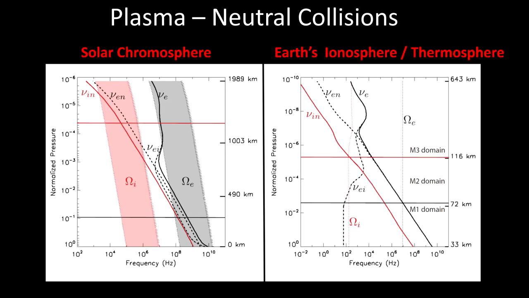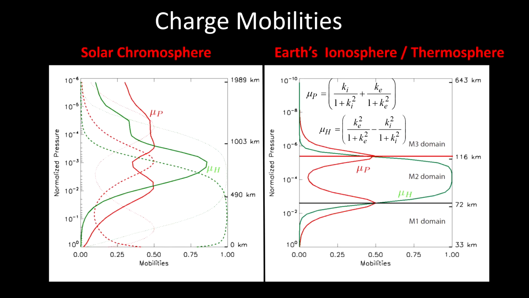And this band here for the gyro frequencies is accounting for the fact that the B field is changing so significantly. So when you plug it in and you look at your mobility term behavior, and this is what I showed earlier, we get our nice Pedersen mobility, and then you multiply that by whatever the electron density is for that time, and you get the conductivity out, and you get your Hall descriptions.